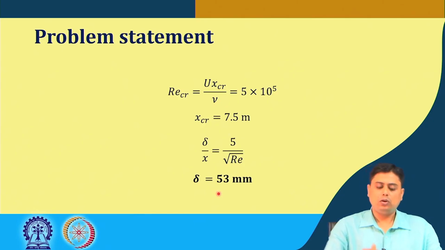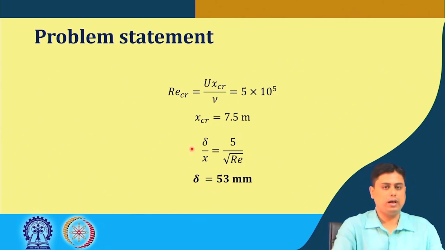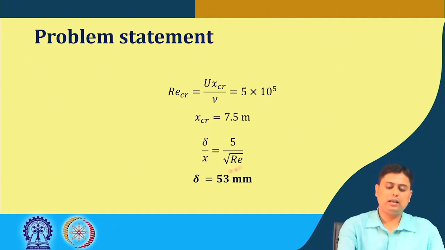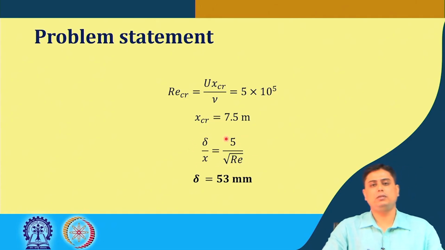Okay. So, yes, this relation you have to remember for such cases, because here no prior information was given about the relation between the delta and the x. But for laminar flow, this is the relation that has been established and has been used very successfully for several problems.